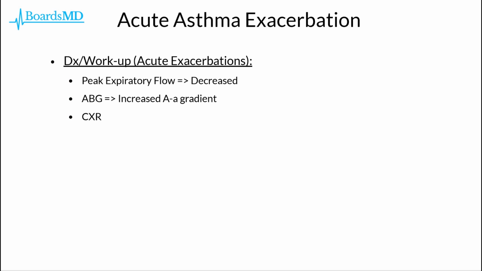Not surprisingly, in the case of an acute exacerbation, our asthmatic patients are going to have a decrease in their peak expiratory flow. Their ABG, or arterial blood gas, is going to show an elevated A-a gradient, and we should also get a chest X-ray in these patients in order to rule out pneumothoraxes and other potential contributors to their symptoms.